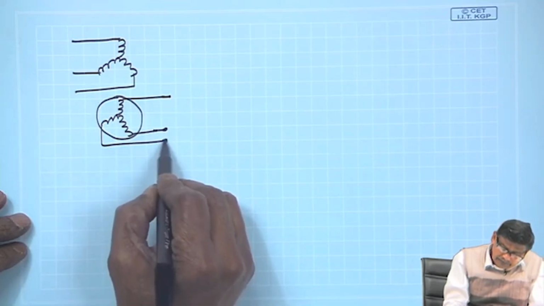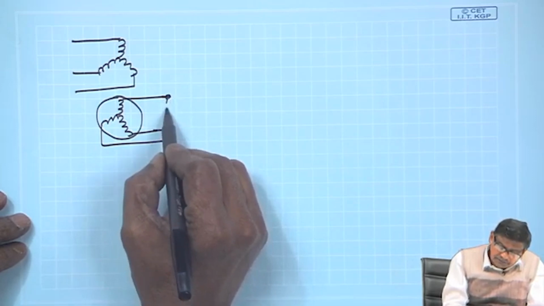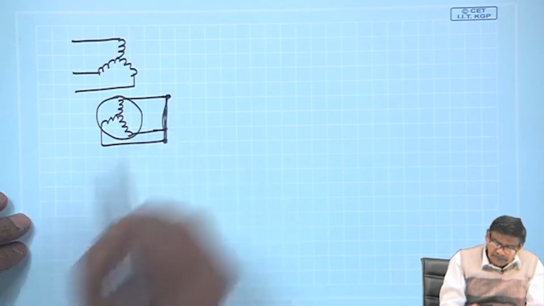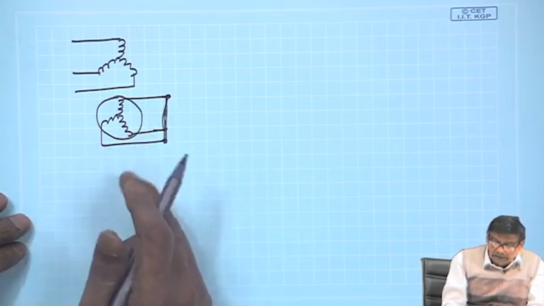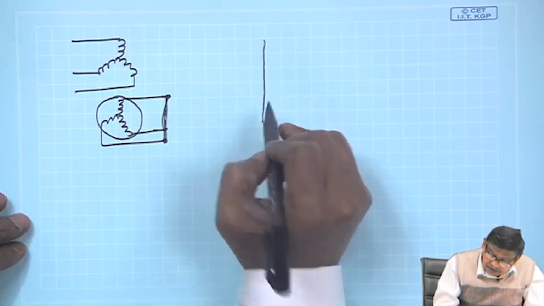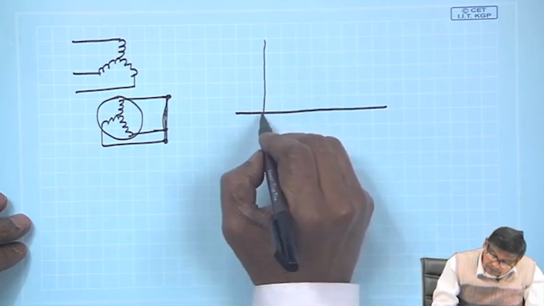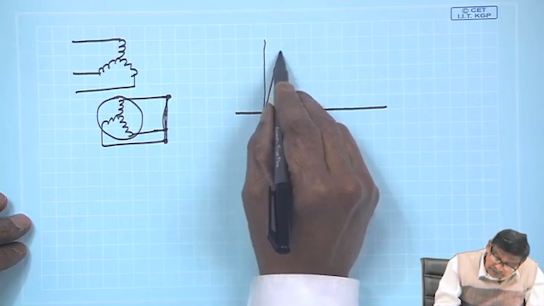And I showed it to be shorted, that is fine, and the torque slip characteristics we now have a fair idea, and this torque slip characteristics was like this.